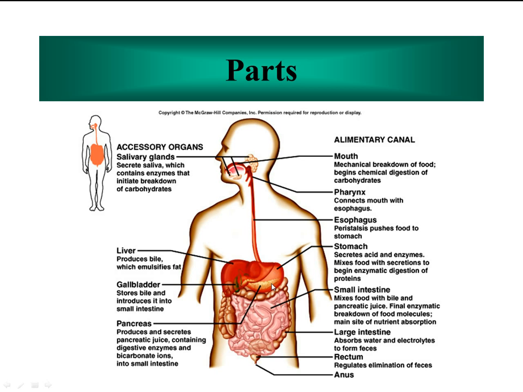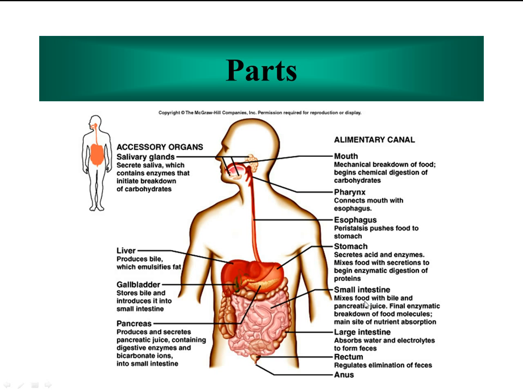The pancreas produces and secretes pancreatic juice containing more digestive enzymes and bicarbonate ions, and dumps those into the small intestines, and that aids in the digestion of complex molecules or foods into simpler ones.